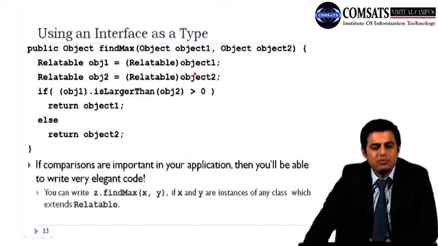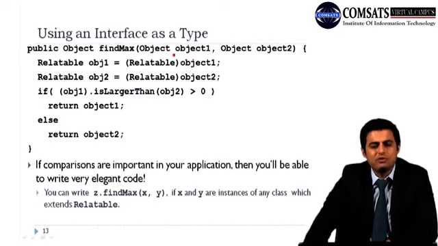So you are making a variable of type Relatable, and then you are assigning object one, which has been passed to this method, to this Relatable object. But of course, you will have to typecast it first.